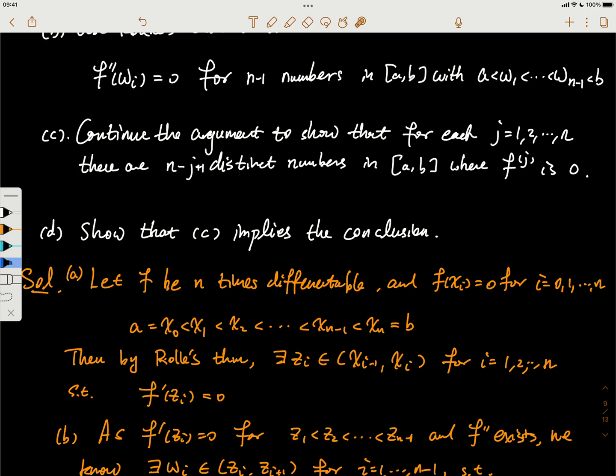Then the purpose is to show that there must be a point between a and b such that the nth order derivative of f will be 0 there. That's the conclusion of Rolle's theorem.